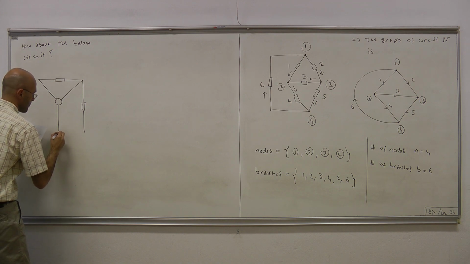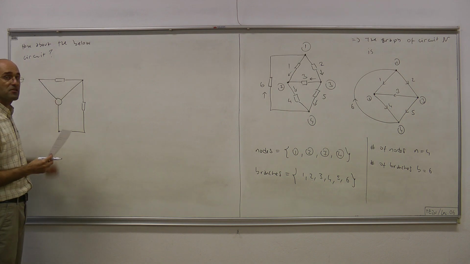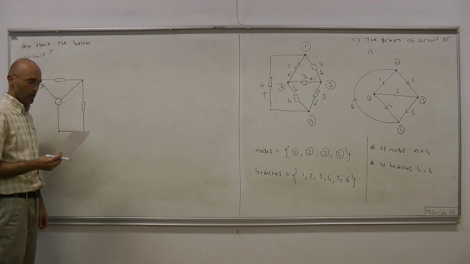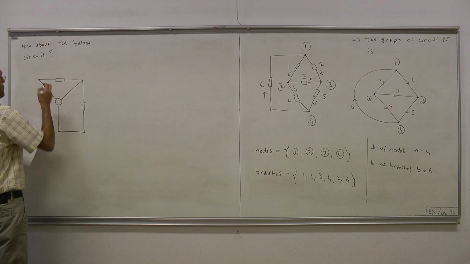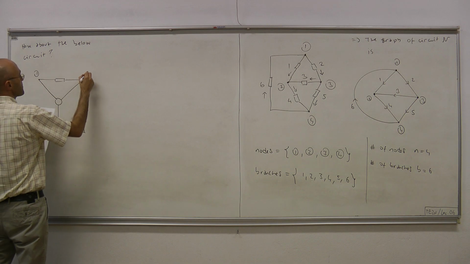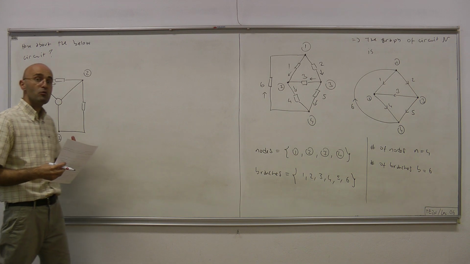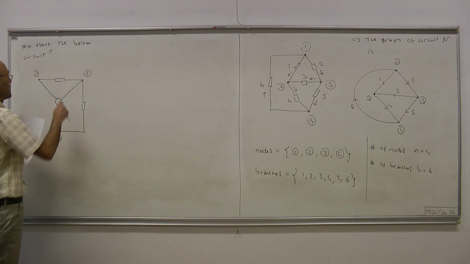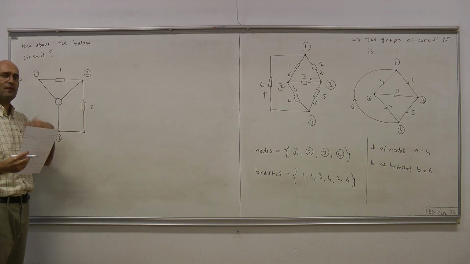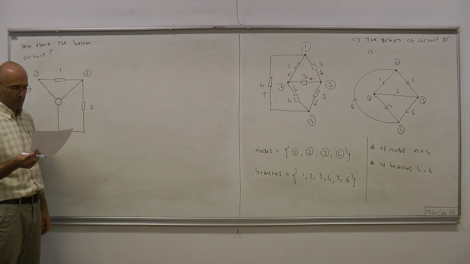Simple, but not that simple because it has a 3-terminal component. How to obtain the graph representation of this circuit? There's no problem with labeling the nodes. Suppose we label the nodes as 1, 2, and 3. We have 3 nodes. And there's no problem with labeling the 2-terminal components. Let's call this 1 and this 2. Now here comes the question: how to represent this 3-terminal component in a graph.